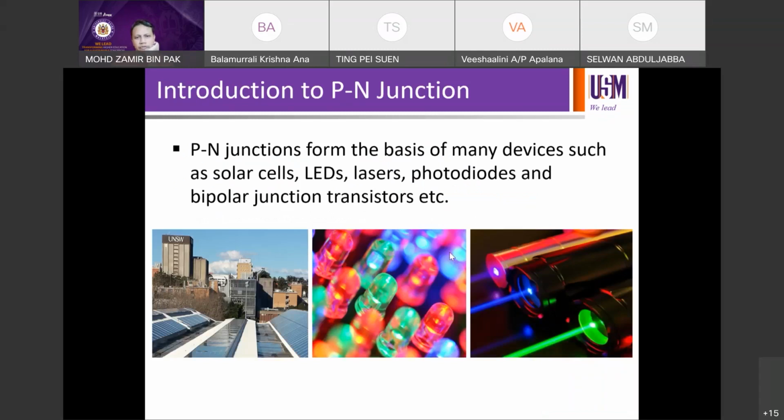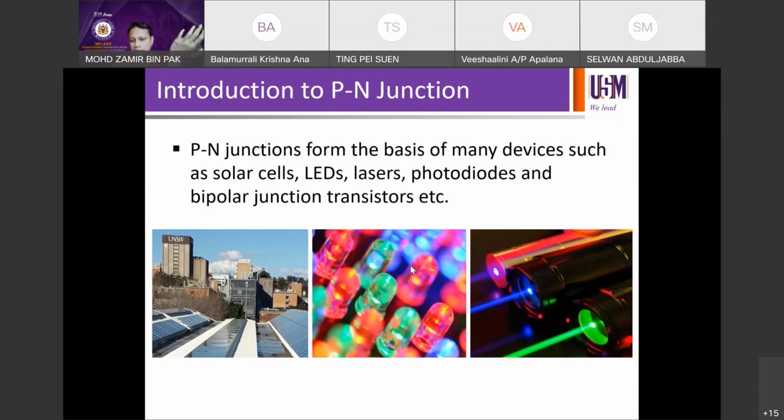So PN junction forms the basis of many devices. You talk about integrated circuits, the chips in your phones, in your laptop, in your gadgets, iPad, and some other stuff. Consumer products in your TVs. Then LEDs, right?